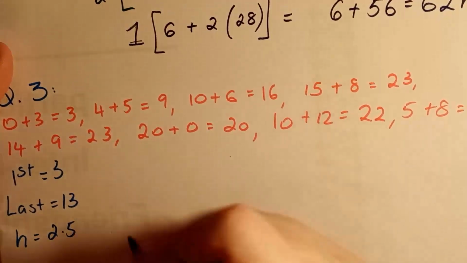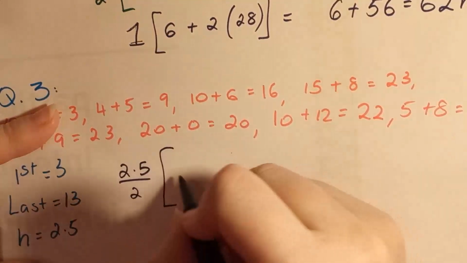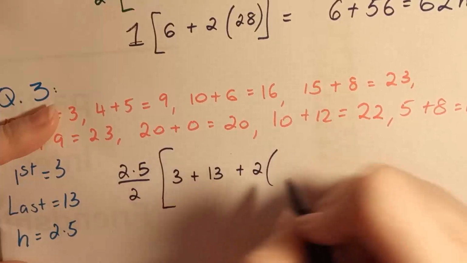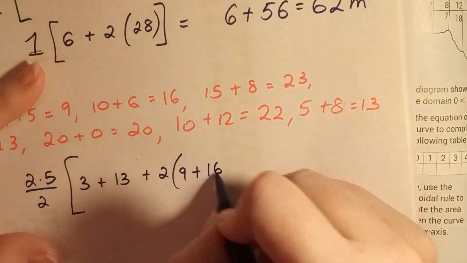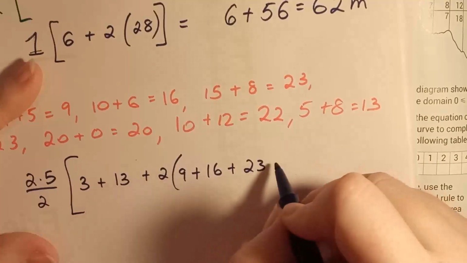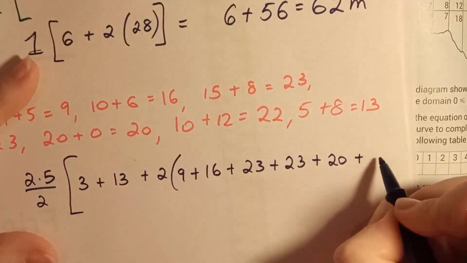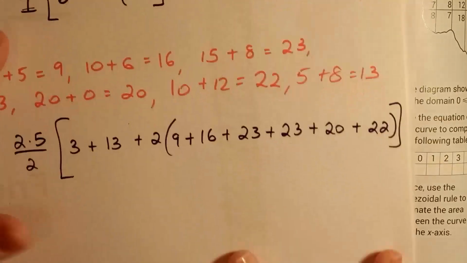So we'll have h over 2, and then first plus last plus twice the rest. So plus twice 9 plus 16 plus 23 plus 23 plus 20 plus 22. And just work that out then again.